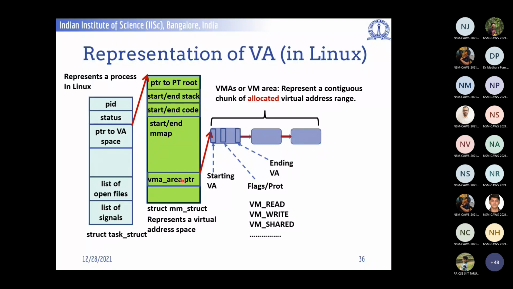This contiguous region of allocated virtual address space is represented by a node in this linked list, and these nodes are called VMAs. It has a starting virtual address, an ending virtual address, and also flags and protection information that is allowed, which characterizes that contiguous region of allocated virtual addresses. Remember, only the allocated virtual address regions are tracked, because, for the previous reason, most of the virtual address space will be unallocated.